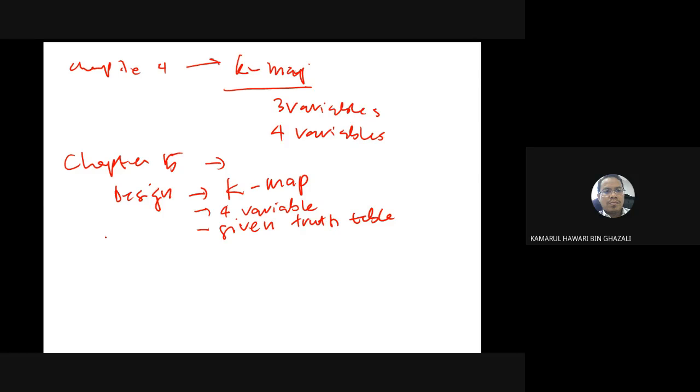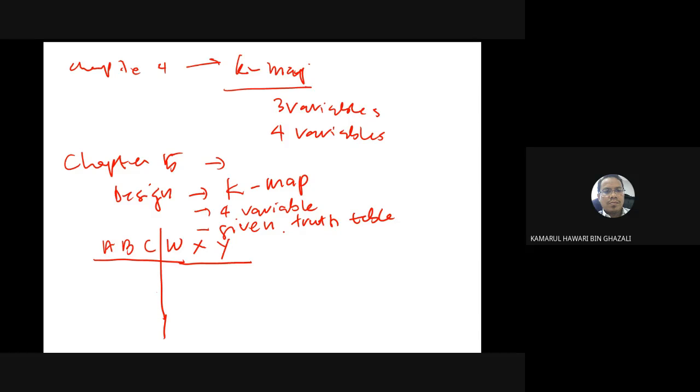The normal truth table is, for example, like this. We have A, B, C, then you have W. What is ABC? ABC is your input. But if you are given this truth table, you have three inputs, then you also have three or four outputs. So how are you going to interpret or analyze your truth table?